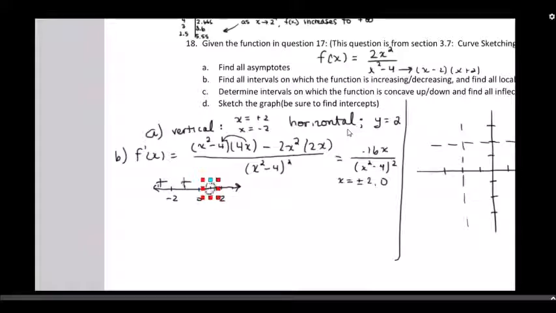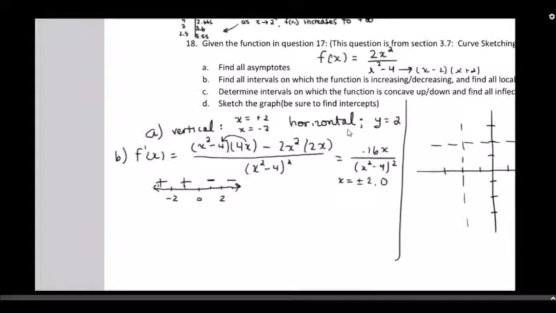Now, if we tested positive 1 right here, negative 16 times positive 1 is negative 16, so negative divided by a positive is negative. And then if I tested positive 3 right here, negative 16 times 3 is negative, and negative divided by a positive is negative.